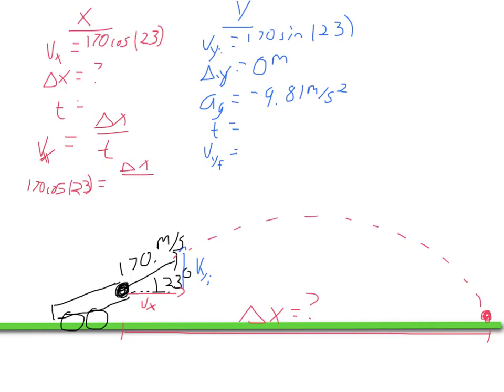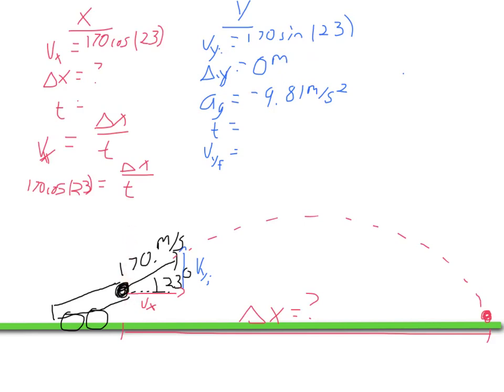Delta x over t. Well, now here's a problem. I don't know time. I need to figure out what time is. Where can I go get time from? The answer is the y-axis. So let's pick an equation using the 3 things that I know. Initial velocity in the y-axis, that's the y component of the initial velocity of the cannonball. The displacement in y, it goes up, it goes back down, right?